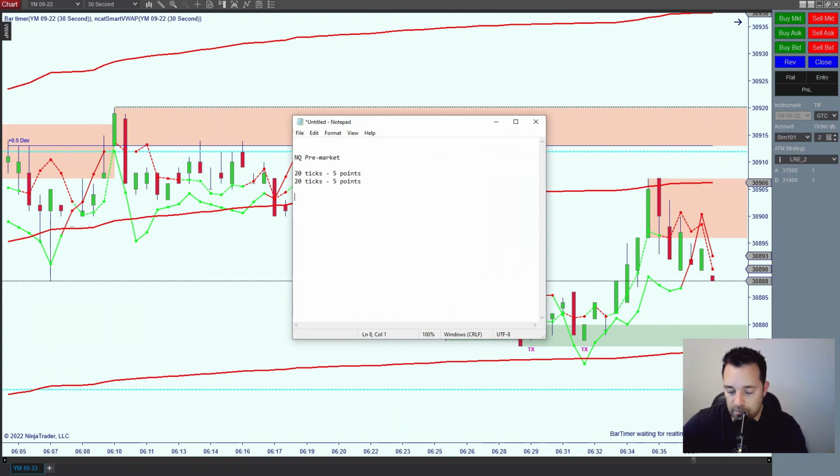Now, NQ after the open, I go for 40 ticks, or 10 points.